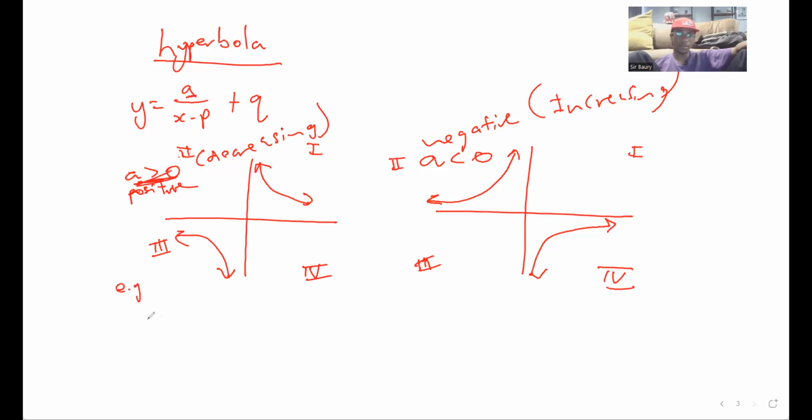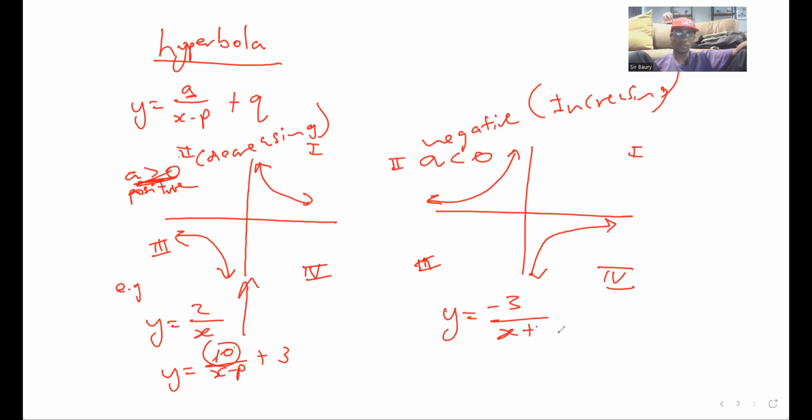Here's an example: y is equal to 2 over x, or y is equal to 10 over x minus 4 plus 3. It doesn't matter, as long as a tells us the shape, the quadrants, in fact. Y is equal to negative 3 over x plus 1 minus 3. So this sign tells us about the quadrants. Always remember that.